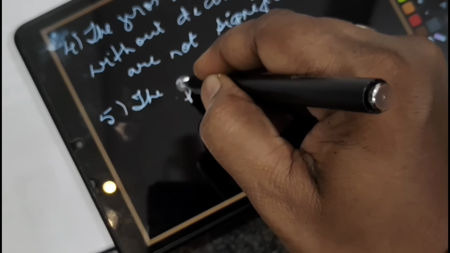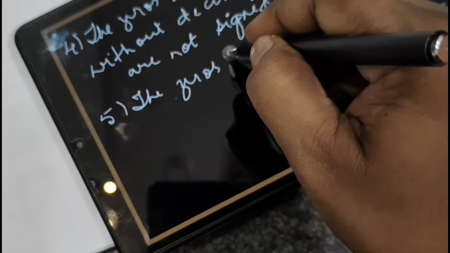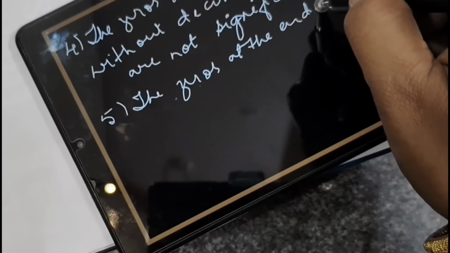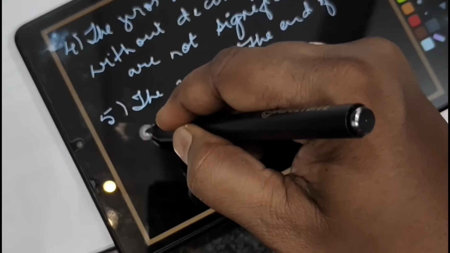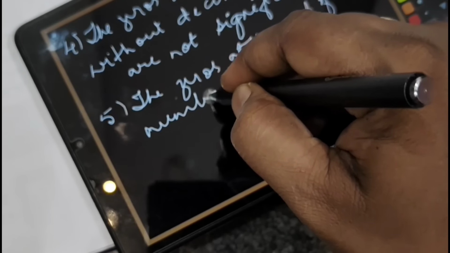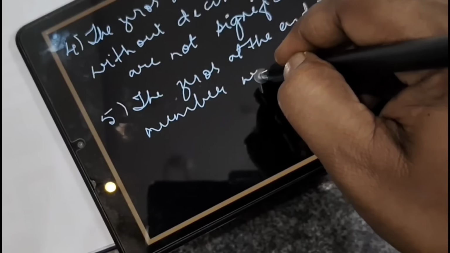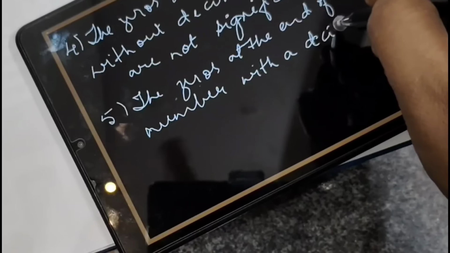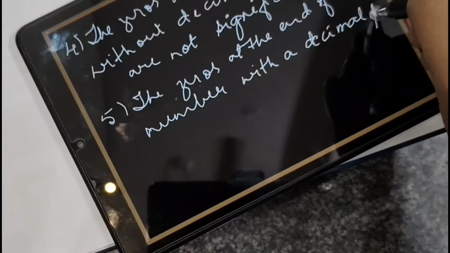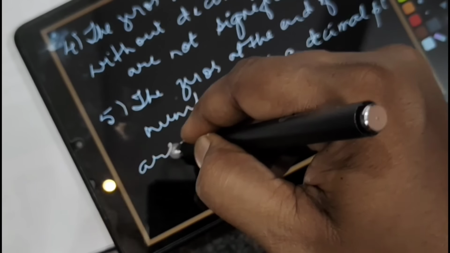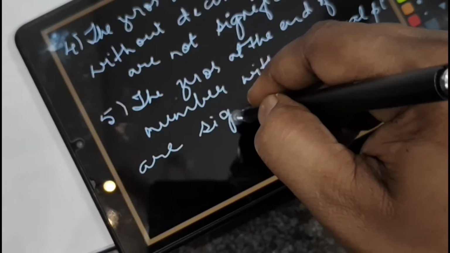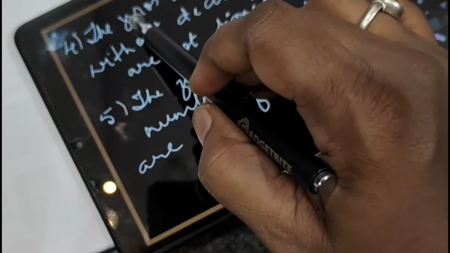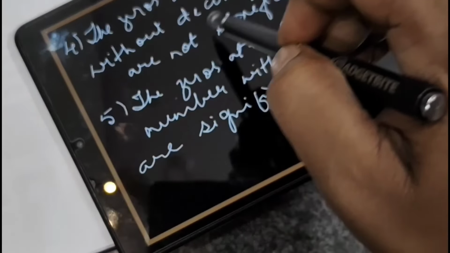The zeros at the end of a number with a decimal point are significant. So example I will give you. So here the fourth one, the zeros at the end of a number without decimal point.